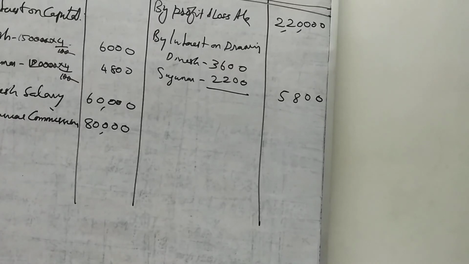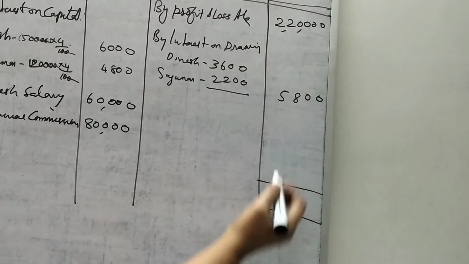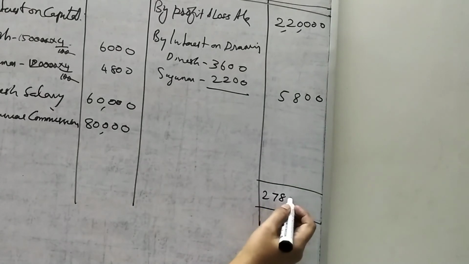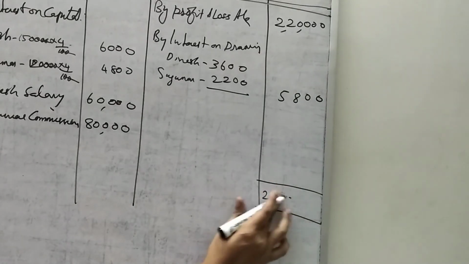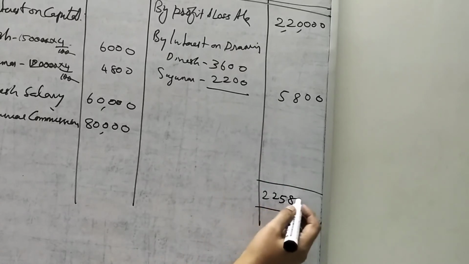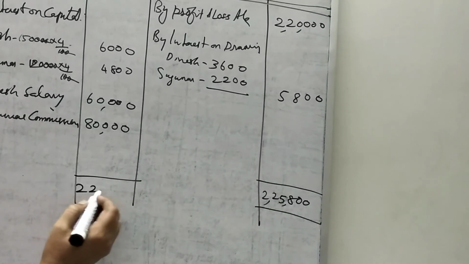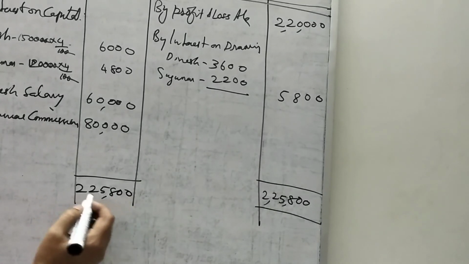Now you want to balance the account. The credit side total is 2,20,000 plus 5,800, which is 2,25,800. Here also 2,25,800.